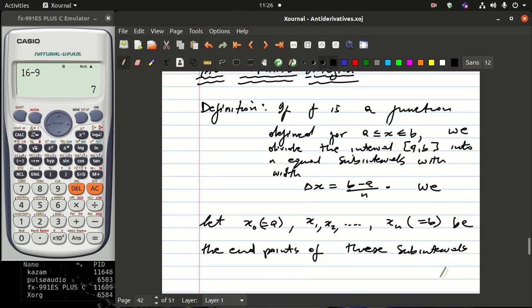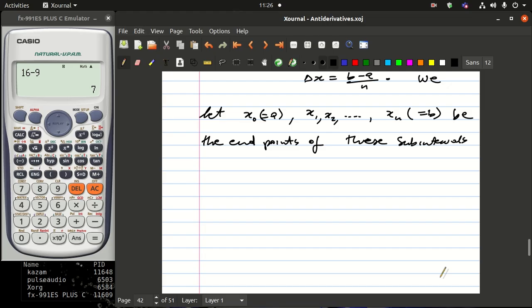So these are the end points of these sub intervals, and let x1 star, x2 star, x3 star up to xn star be any sample points.